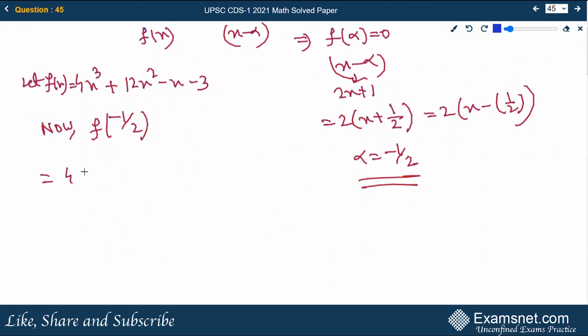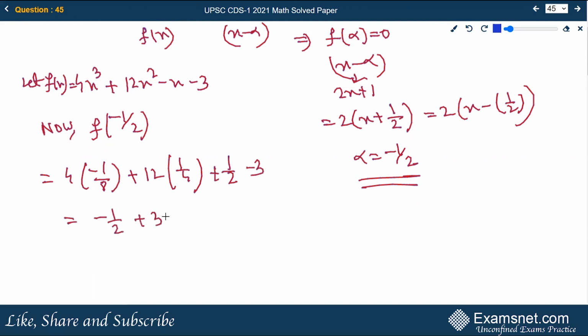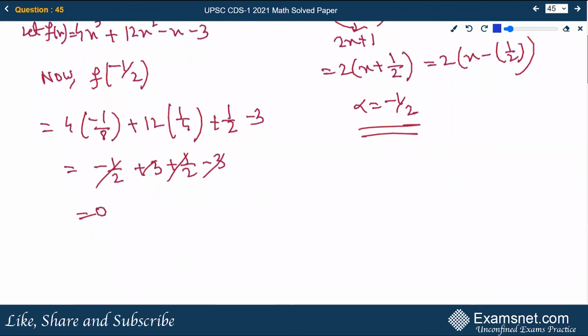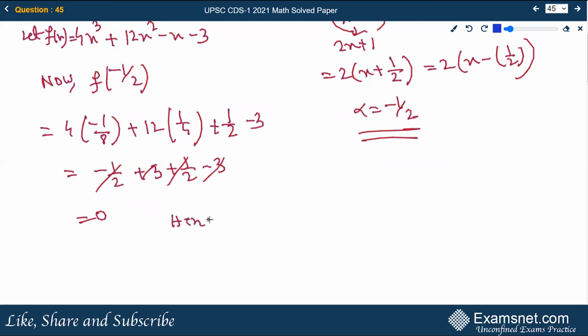So here I can write 4 times minus 1 by 8 plus 12 times 1 by 4 minus half minus 3. So that means minus half plus 3 plus half minus 3. So yes, we are getting 0. That means 2x plus 1 is a factor of this given polynomial. Hence 2x plus 1 is a factor of f of x by factor theorem.